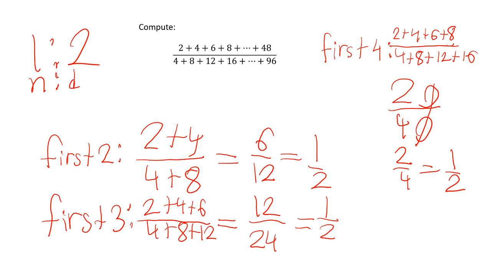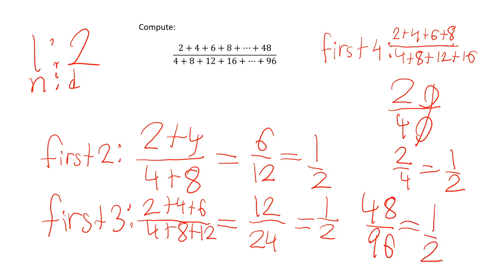Check out the last two terms here. We have 48 and 96. 48 times 2 is 96. So even this can be simplified down to 1/2.